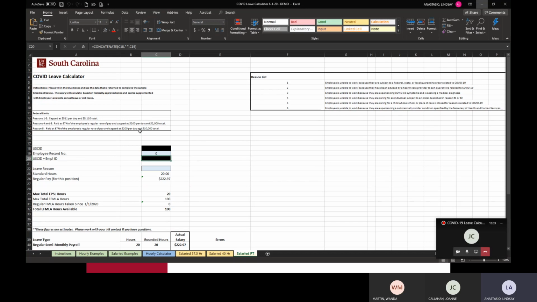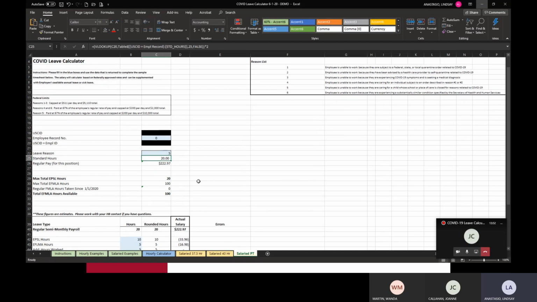For part-time employees, what you would do is put in your USC ID, your position ID, and the leave reason that you have qualified for. So we'll do this position at leave reason 5.